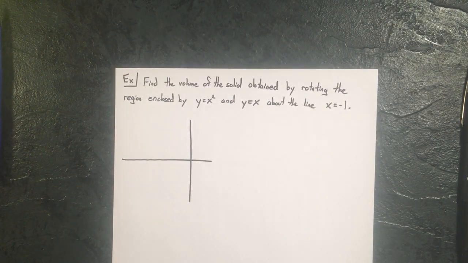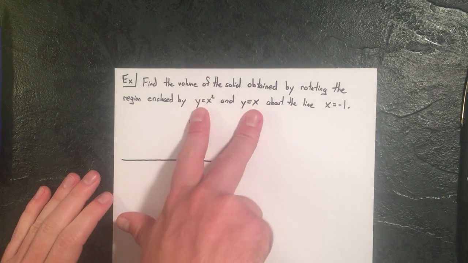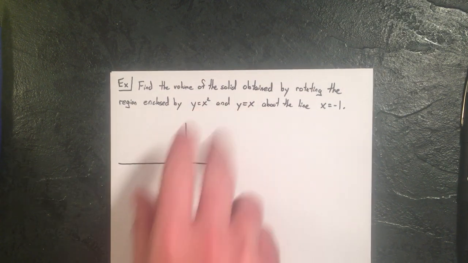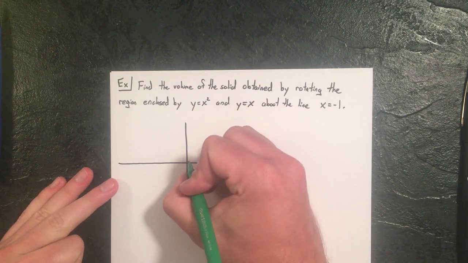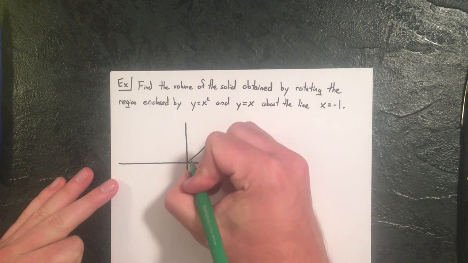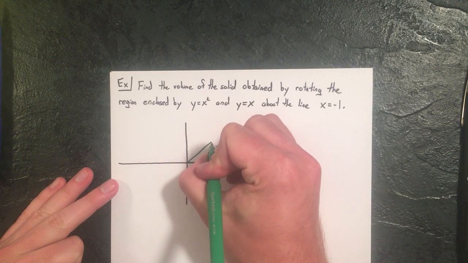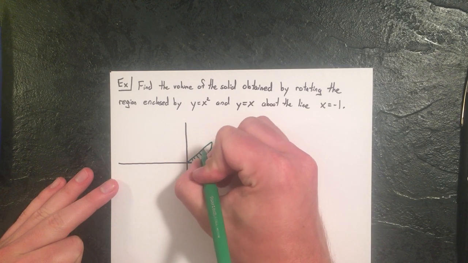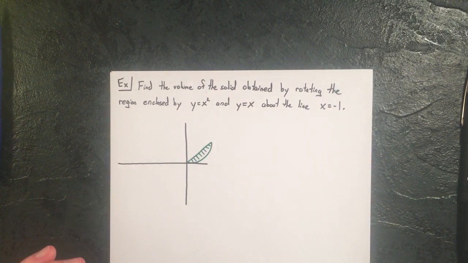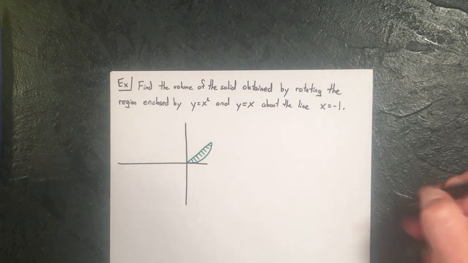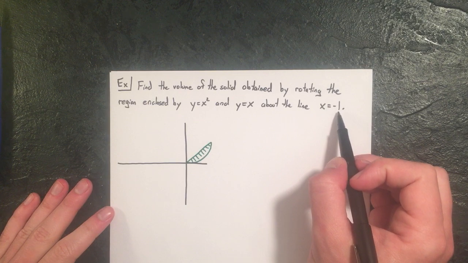And yet again, it's dealing with these same two, y equals x squared and y equals x. So y equals x squared. We get that crescent shape that we've seen so often. That's where they intersect. This time we're rotating about the line x equals -1.